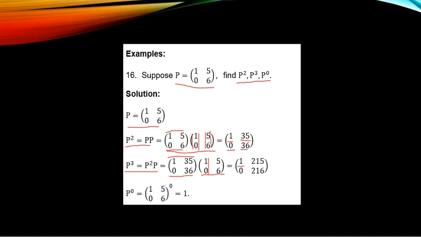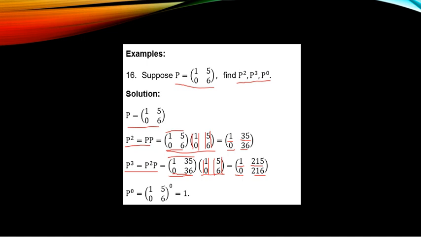The first row of P square times the second column of P, that is 125. The second row of P square times the first column of P, that is 0. The second row of P square times the second column of P, that is 216.